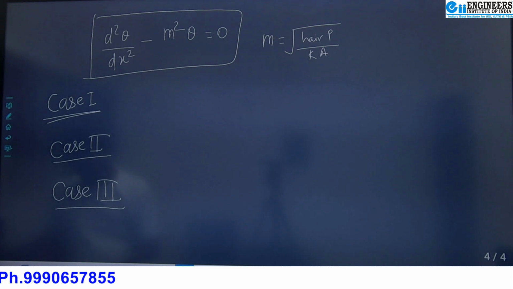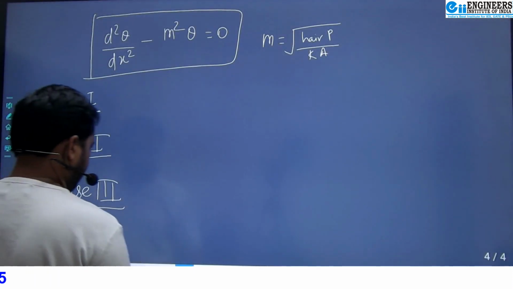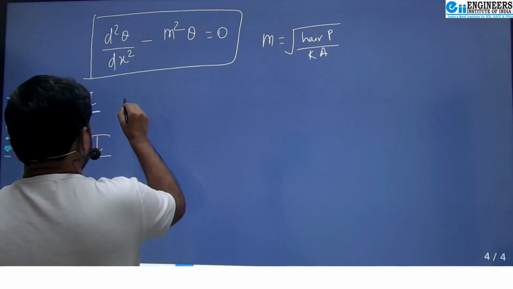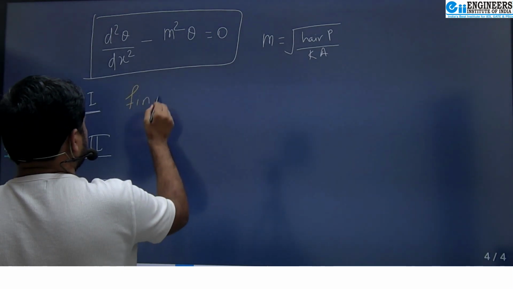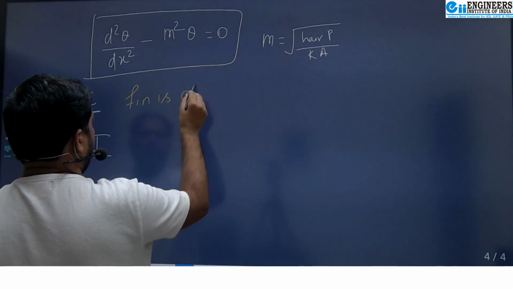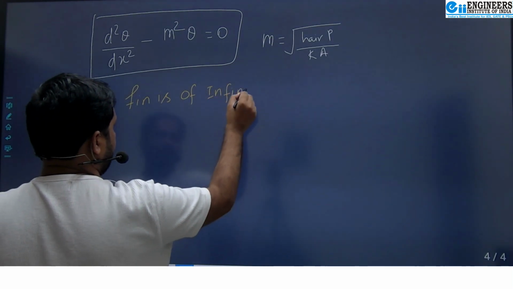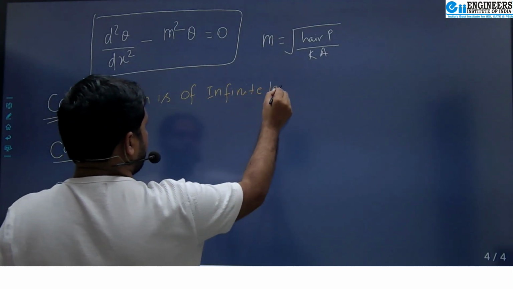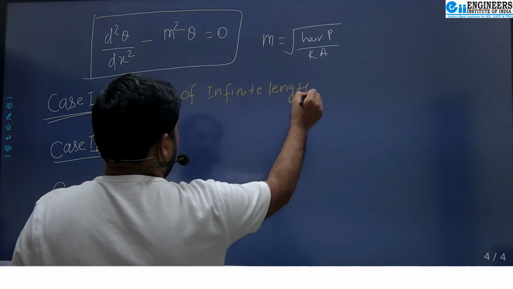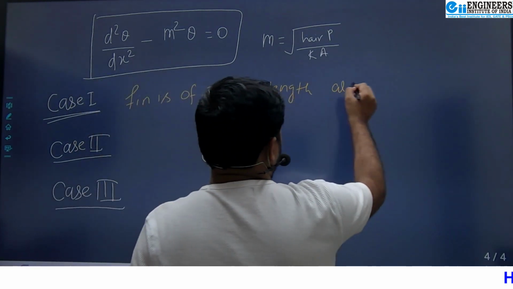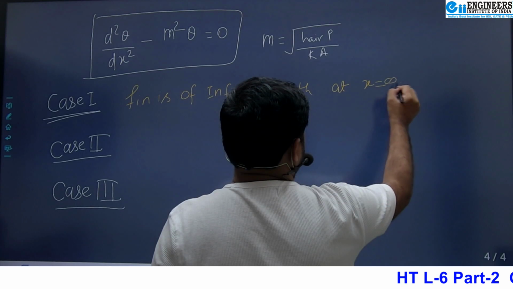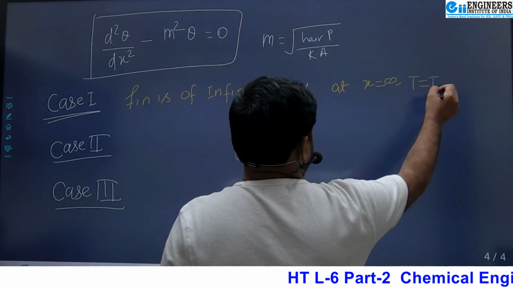The first condition is if the fin is very long. Case 1 is the fin is of infinite length, and at x equal to infinity, T equal to T infinity.